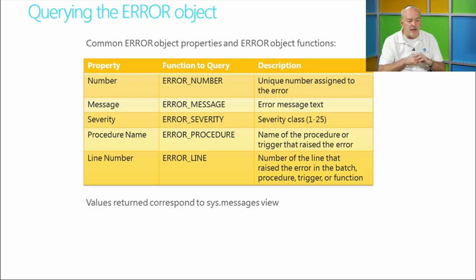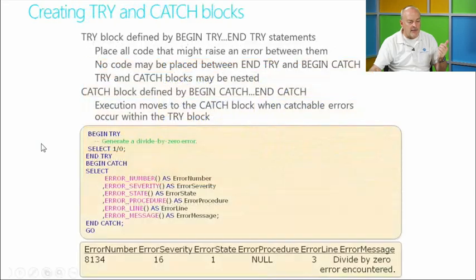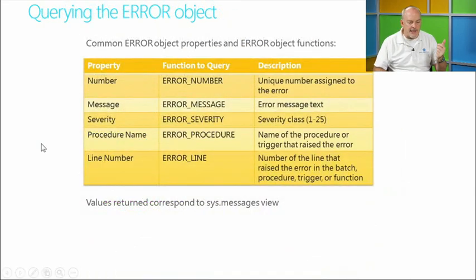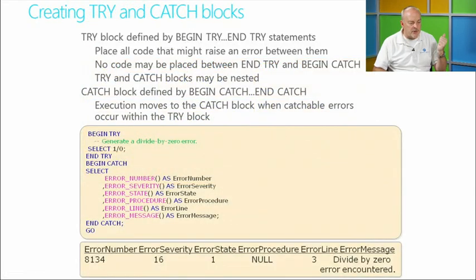These are parts of the error message that you can create to generate your own messages. Values correspond to the information in the sysmessages view, which is available as a system table.